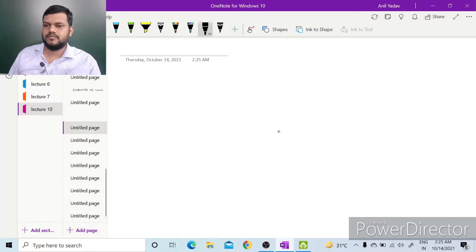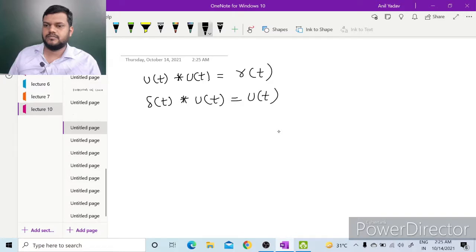So in previous example we have seen that u(t) convolved with u(t) is r(t). So let us differentiate this u(t). So this became delta t convolved with u(t), output became differentiation of r(t), which is u(t), or we can differentiate the other u(t), u(t) convolved with delta t, this became again u(t).